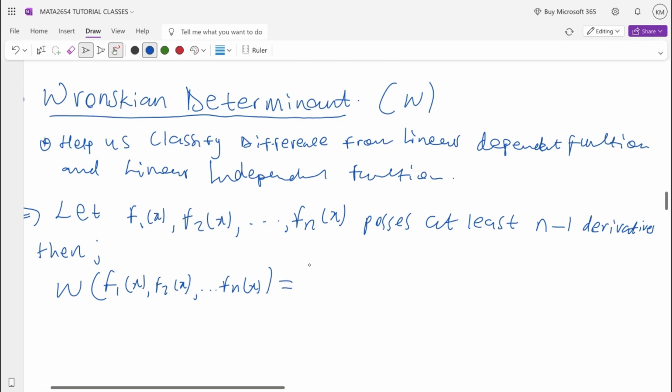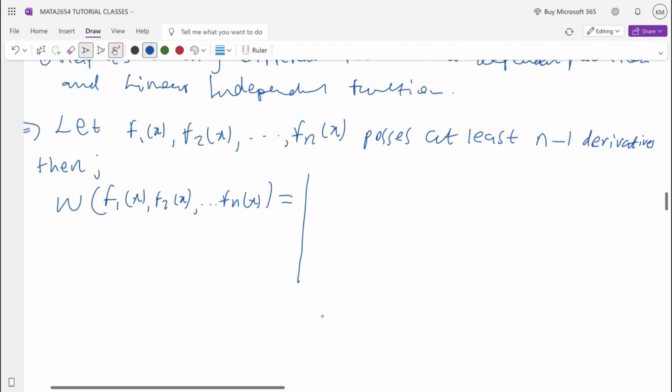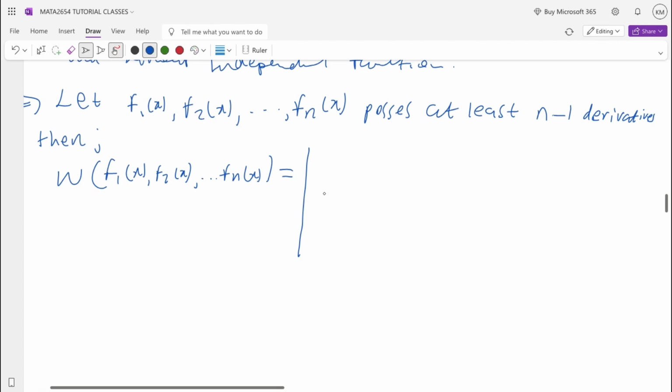The Wronskian of f1, f2, up to fn of x is equal to a determinant. You put the first function, f1 of x, on the first entry, then you put the second function there, then going on, depending on how many they gave you. But in general, now we have n of them.